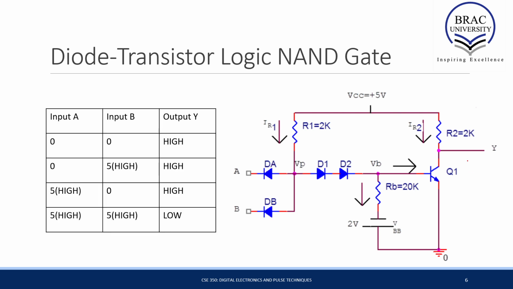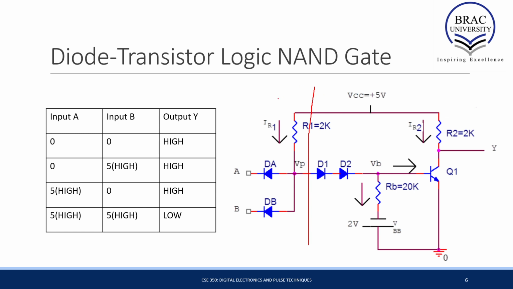So we can tabulate the values from the previous slides in this table. We can see this is the truth table of a NAND gate. The circuit on the right hand side is the detailed implementation of the NAND gate. If you look at the circuit carefully, it consists of two circuits from experiment 1.